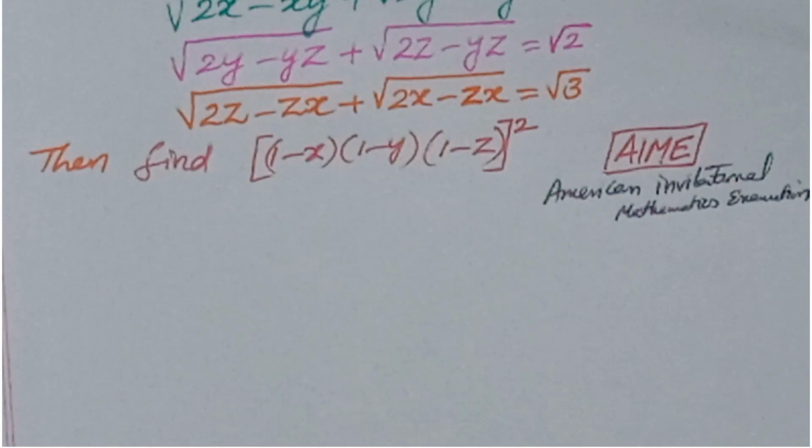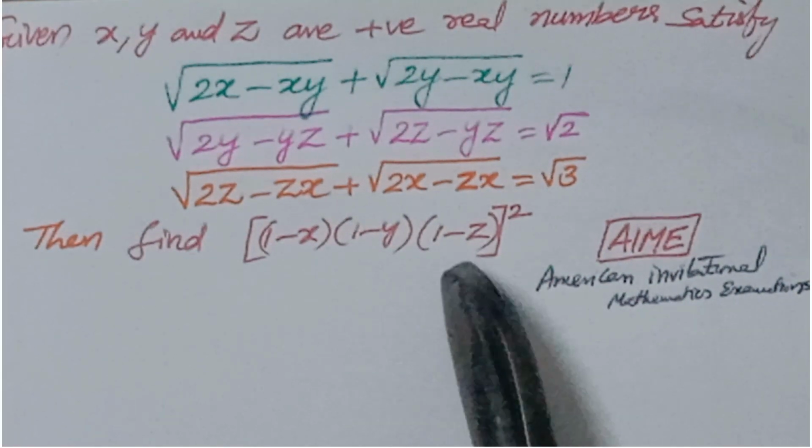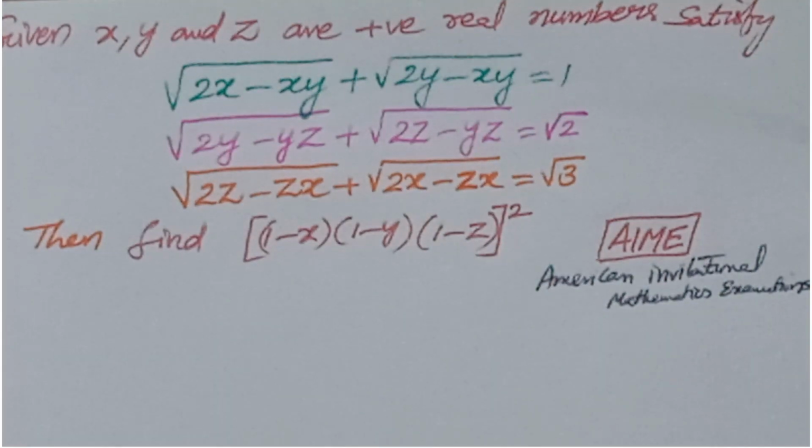Now we have to find the value of ((1 minus x)(1 minus y)(1 minus z)) whole squared.